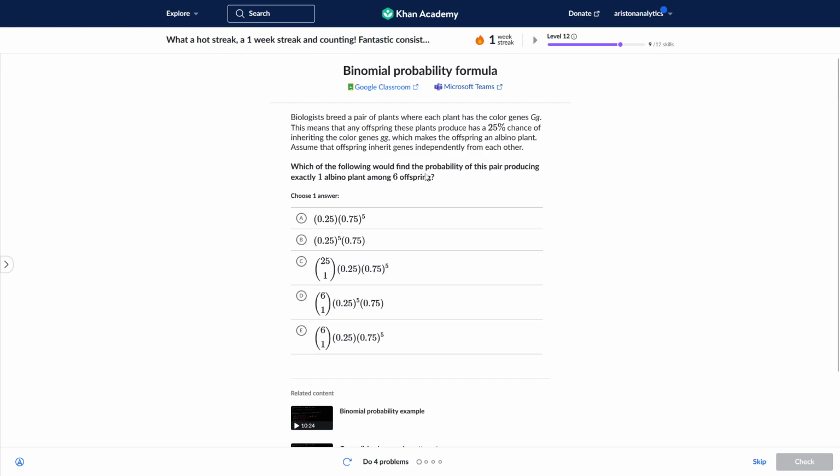One albino plant among 6 offspring. Okay. It's one of these two. It's this one.